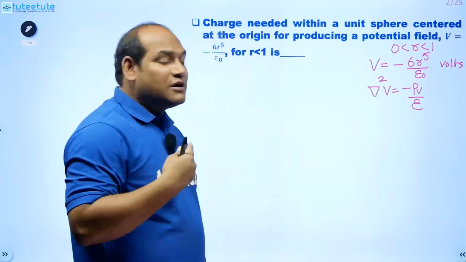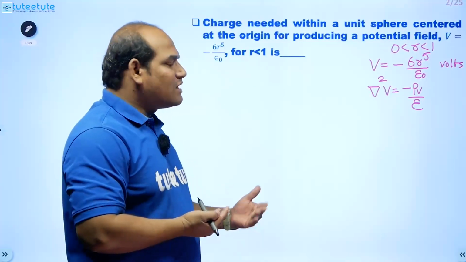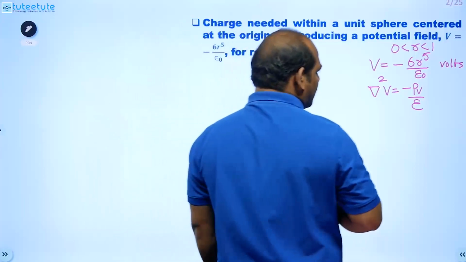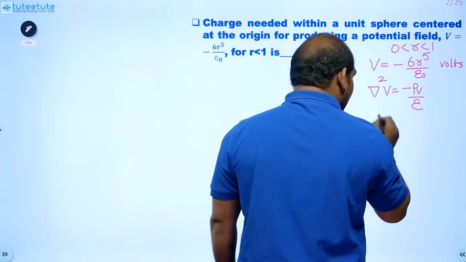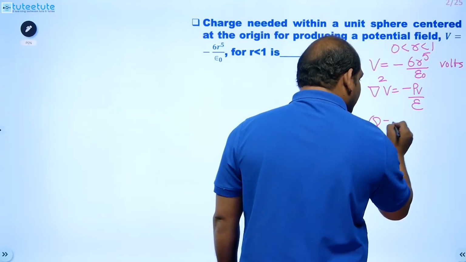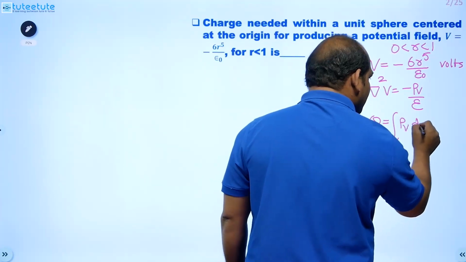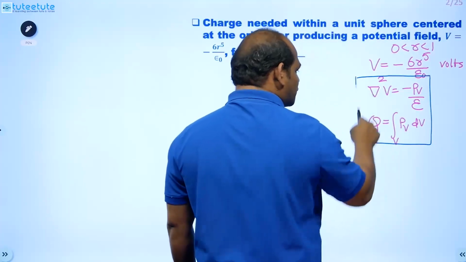Once you have the volume charge density, we can get the charge by performing the volume integral of that. This is the procedure we are going to apply. So using this equation we get rho V, and then the charge can be obtained by performing the volume integral of this volume charge density rho V. So these are the two things we need to apply in this question.